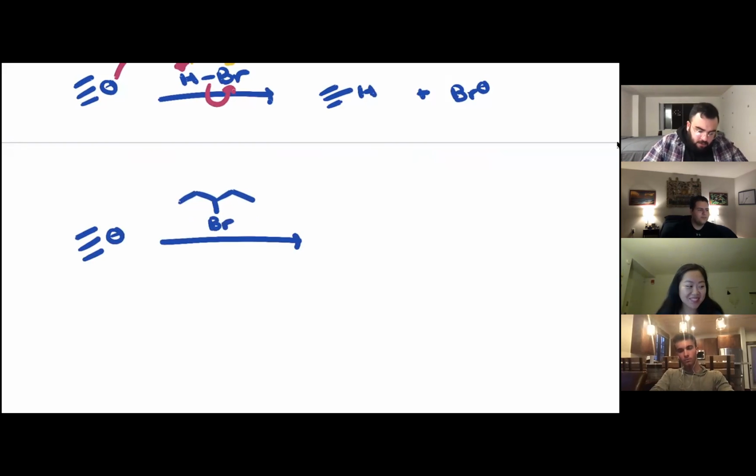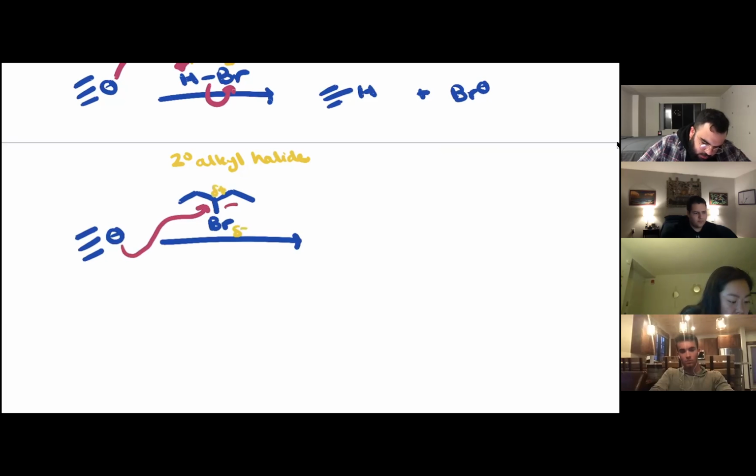Cool. So as promised, here is a secondary alkyl halide. And then what actually ends up happening here is that you will not get much of this reaction happening at all. Okay, you still have the dipole. But the reaction that you would like to occur does not really happen.